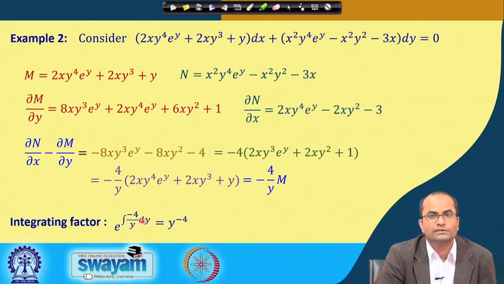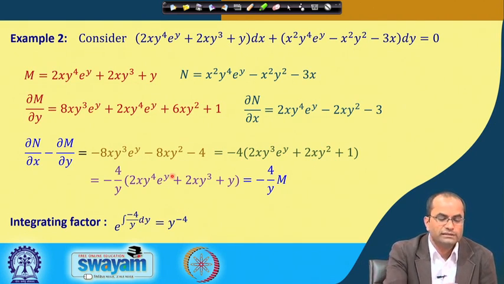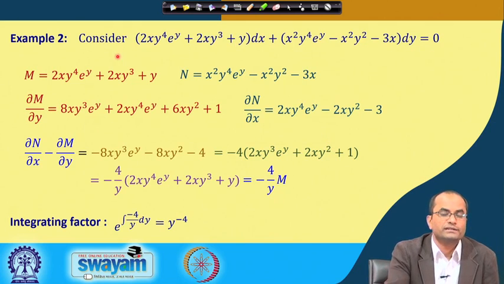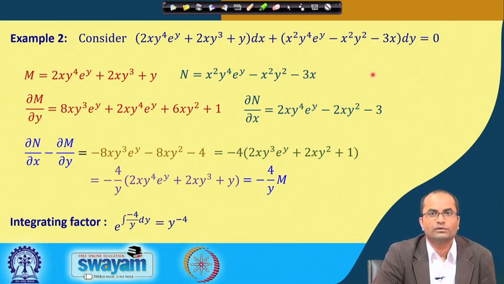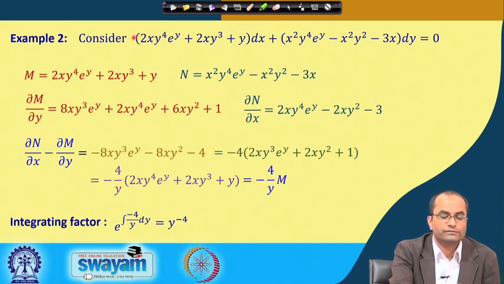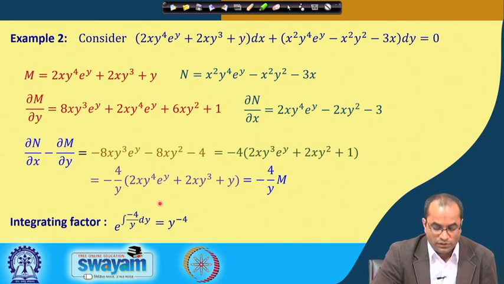So, the conclusion here again is that if we multiply this equation by y power minus 4, then this equation will become an exact differential equation, and then we can follow the approach to solve it, to find f whose differential is exactly there after this multiplication.